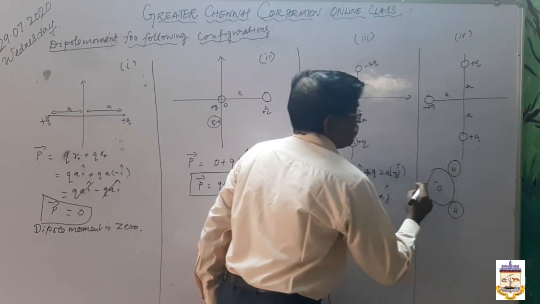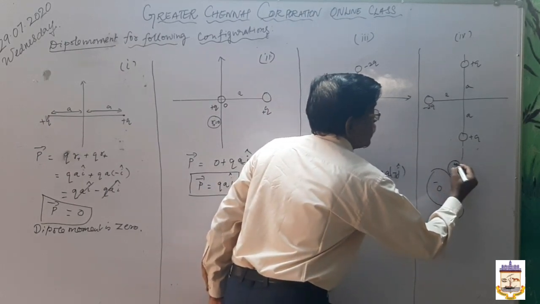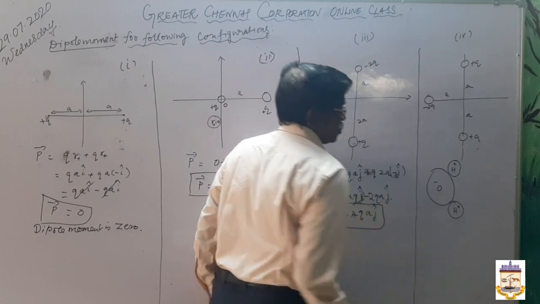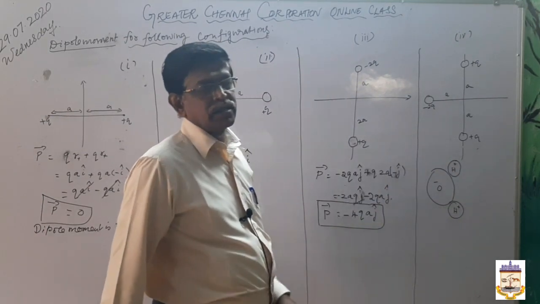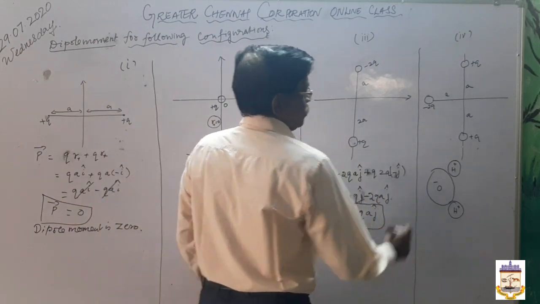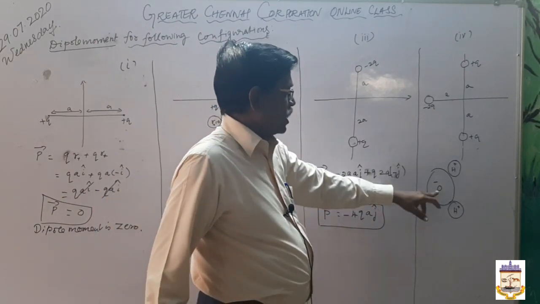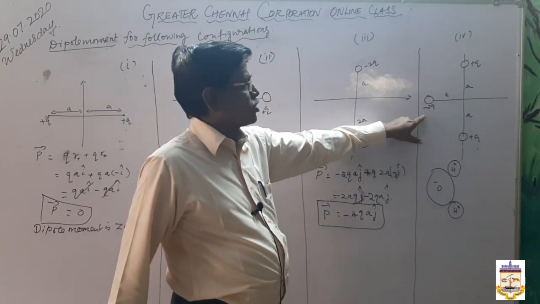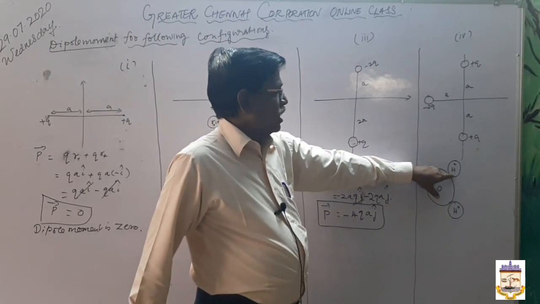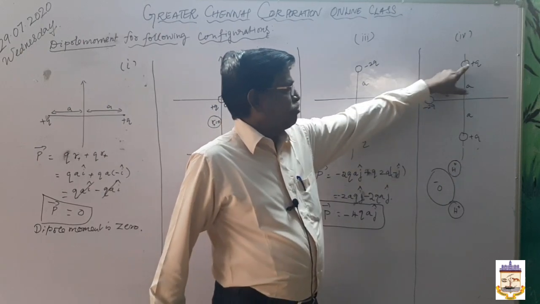Oxygen is negative because it is gaining the electron. Hydrogen is losing the electron, so it has positive charge. The best example is this, minus 2q for the oxygen, since it is gaining one electron each from the hydrogens. So, the hydrogen becomes positive charge.